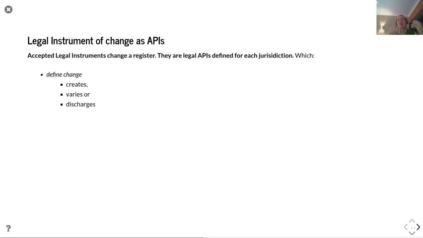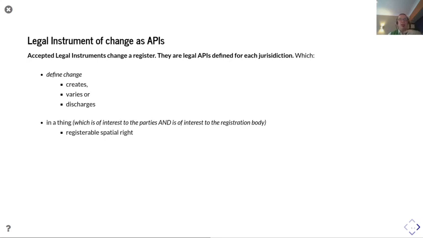And APIs define change, something that creates, varies, or discharges, erases something, and it's designed to change a thing. So that thing is of interest to the parties and of interest to the registration body. So in our instance, it's a registrable spatial right, and it's legal, so it's executed, witnessed, and delivered.